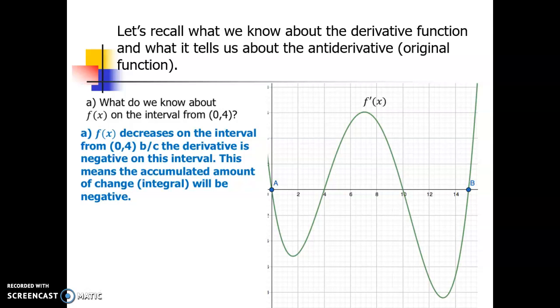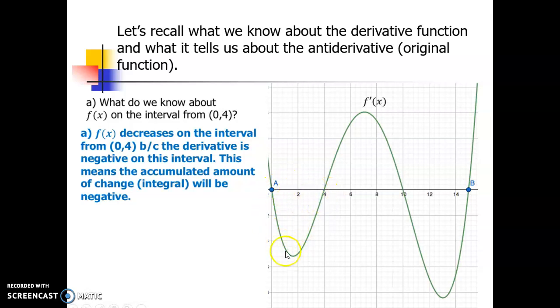This means the accumulated amount of change in the antiderivative function, f of x, which is the integral, must be negative. In other words, f must be going down on this interval from 0 to 4.